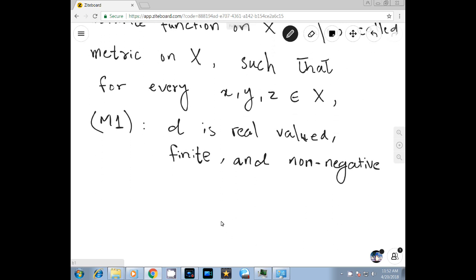In other words, D is greater than or equal to 0, and since D is real valued, we can write it as having the domain X cross X, which denotes the set of ordered pairs of X, and it gives the results in the set of real numbers because it is real valued. This was the first property.